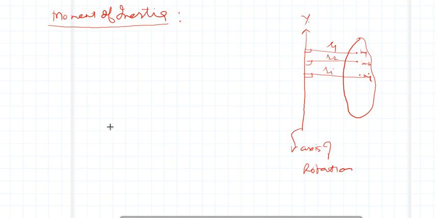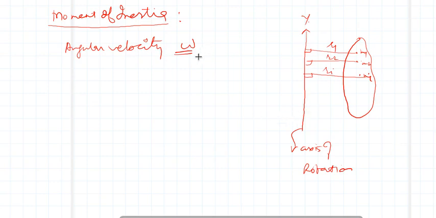So the kinetic energy: this body is rotating about the y-axis with angular velocity omega. If it is rotating, that means every particle is rotating with the same angular velocity.